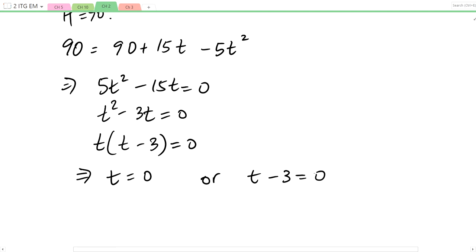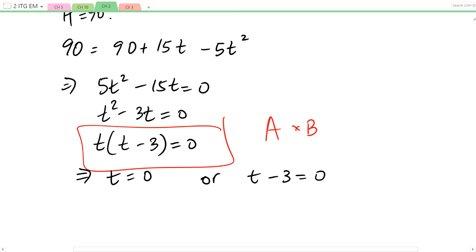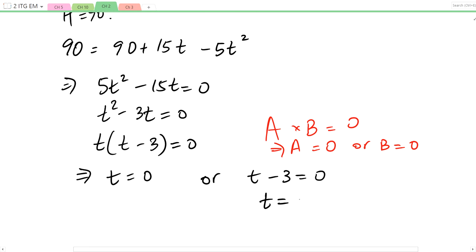This is again our a times b equals 0, so a equals 0 or b equals 0. Okay, so I've got two possibilities. t equals 0 or t minus 3 equals 0. Now, let me continue. t minus 3 equals 0 implies that t equals 3.